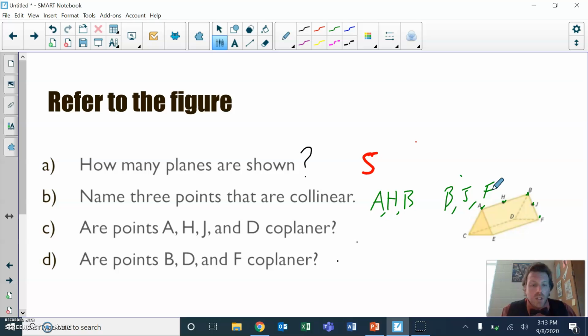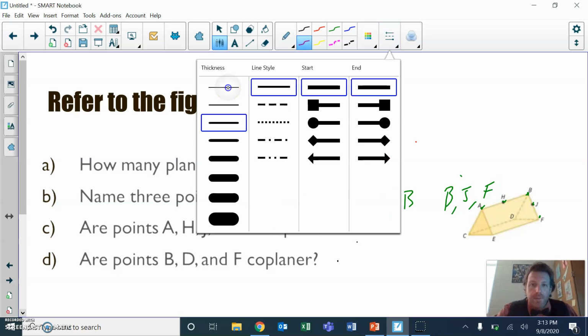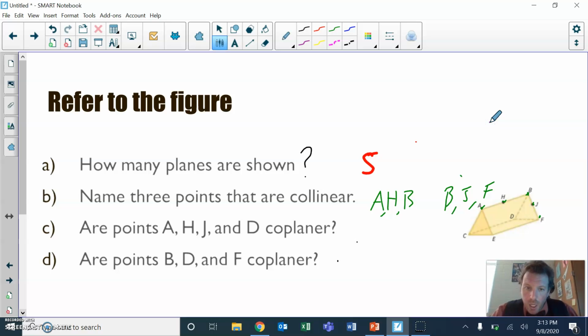All right, our next question is, are points A, H, J, and D coplanar? Well, in order for them to be coplanar, they have to actually fall on the same plane. So let's just check and see if they do. So using a different font color, we'll go ahead and look. A, H, J, and D. All right, so it may look like they fall on the same plane, but A, H, and J, they actually fall on that plane that's towards us.